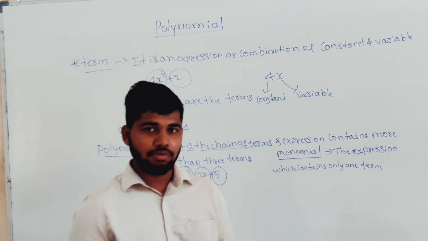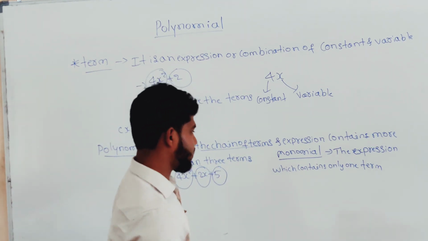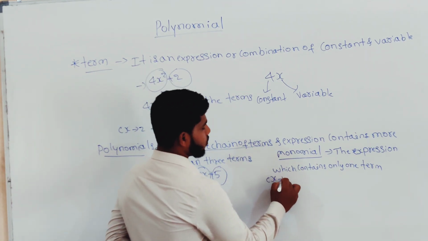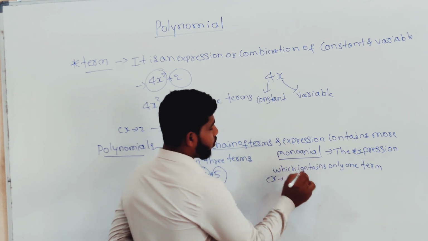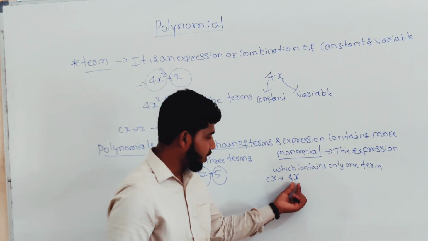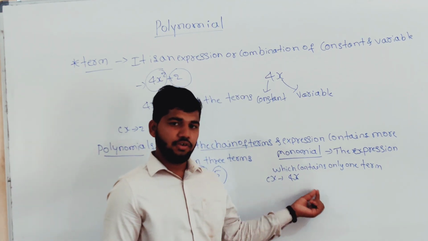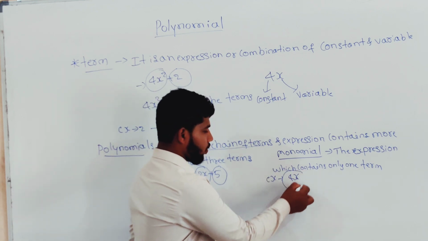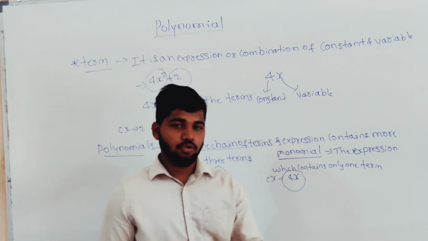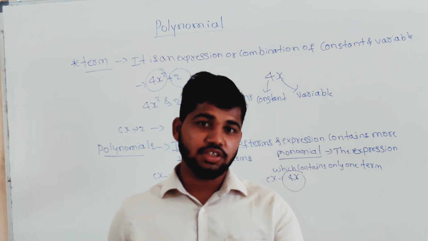Example: 4x, where 4 is the constant and x is the variable. An expression which contains only one term is called a monomial.